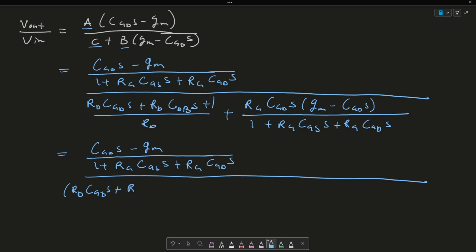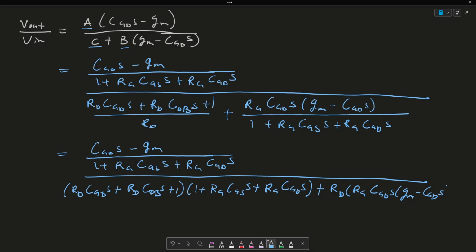RDCGDS plus RDCDBS plus 1 times 1 plus RGCGSS plus RGCGDS plus RD times RGCGDS times GM minus CGDS.